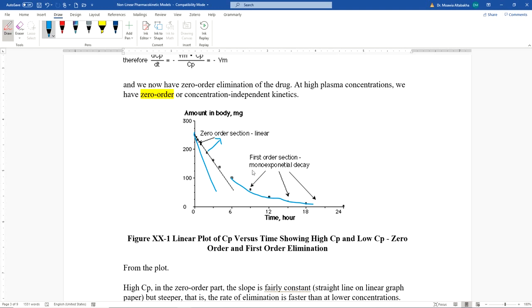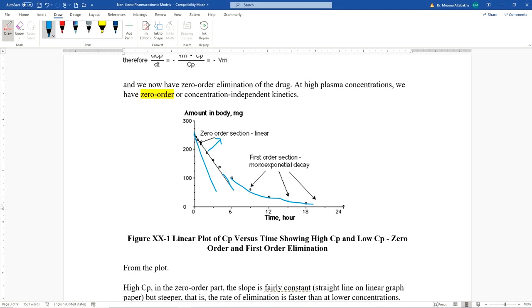Of course this is a curve, but if we consider it to be a straight line, it feels as if the apparent rate of elimination, which is like KL, is faster here. But in reality, no, this is not faster. This is slower than this one.